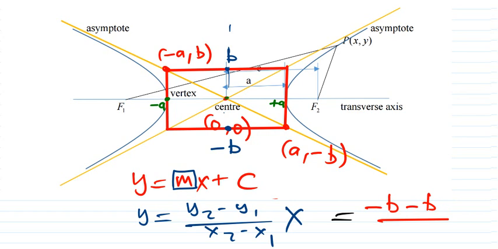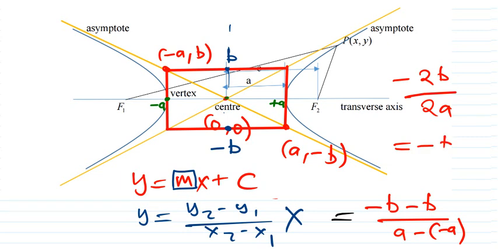We have a minus negative a. What are we going to have? On top we're going to have negative 2b, on the bottom we're going to have a positive 2a, right? So what you end up remaining with is, the 2s divide, so you just have negative b over a.